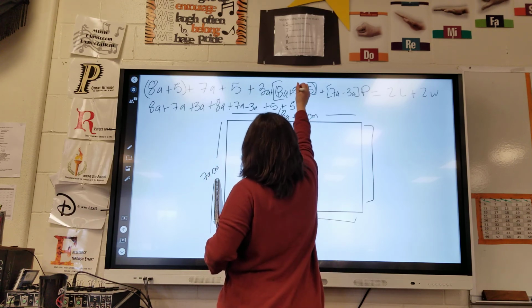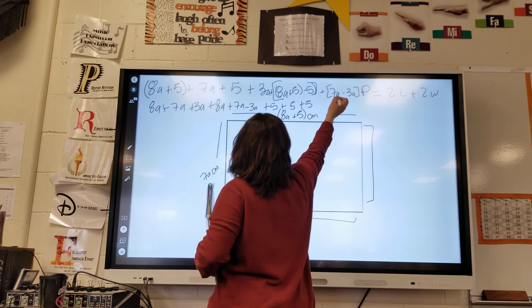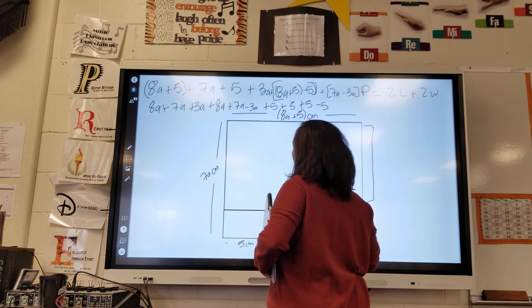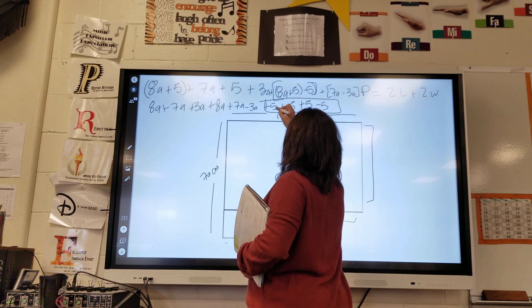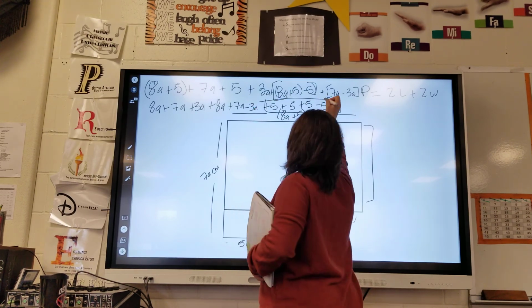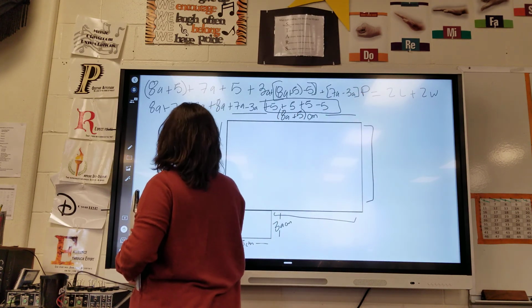Oh yes, because there's a 5 here, there's a 5 there, 5, 5, 5. Add a third 5, and then subtract a final 5. So, if we're just focusing on the 5s for a second, 5 plus 5 plus 5 is 15, minus 5 is 10. So we know we're going to have 10 at the end.